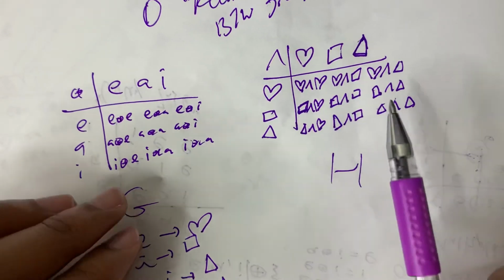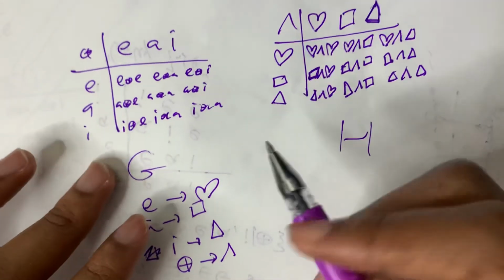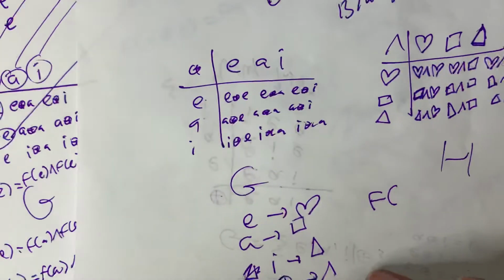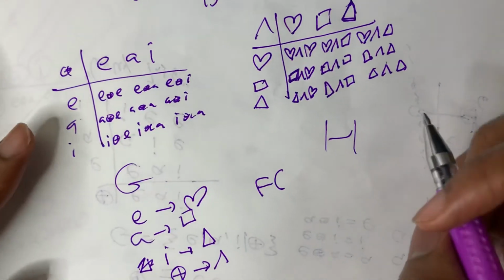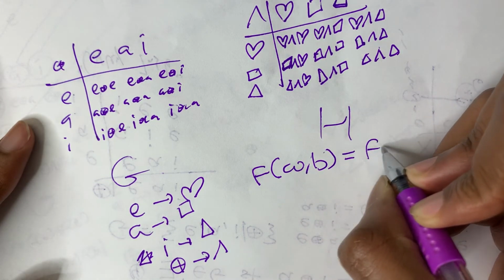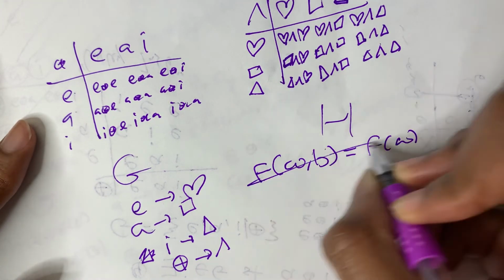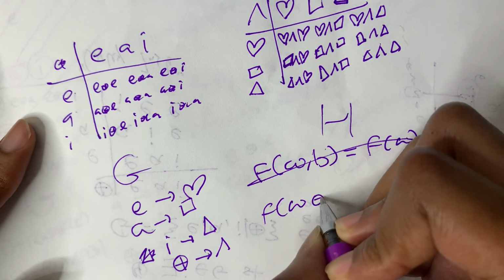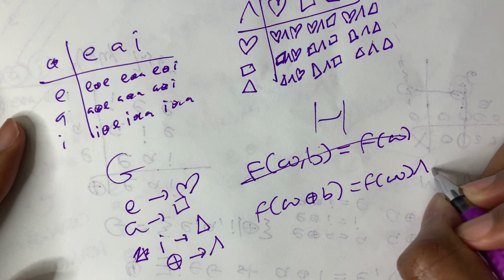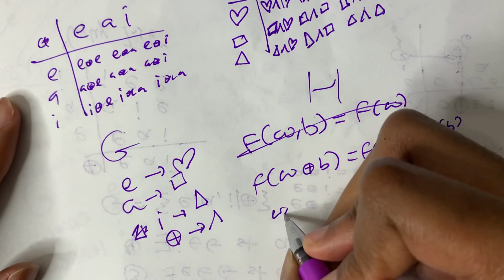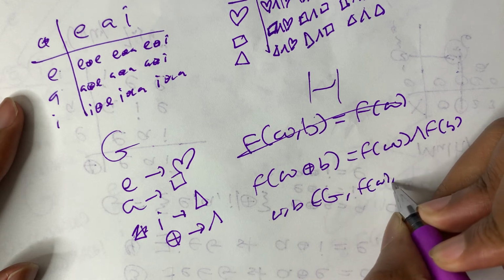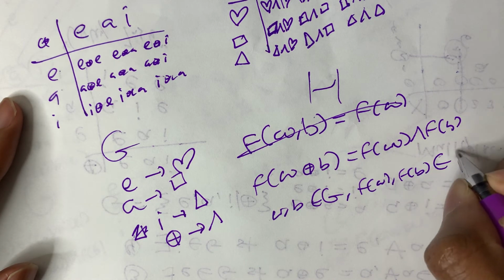And these two groups are isomorphic since there exists some function that acts on W operated with B, that gives us F of W wedge F of B, where W and B are just some general elements of G, and F of W, F of B are just some general elements of H.